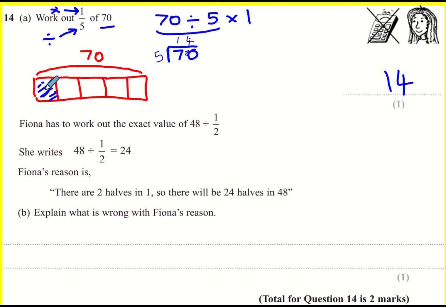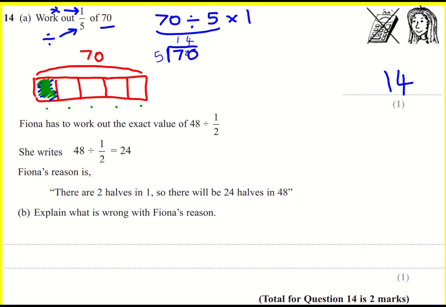That is my 1/5 shaded in blue, one of those 5 boxes. So you can see clearly why it is 70 divided by 5, and then multiplied by 1, because I'm just finding one of these shaded boxes. So there you go, 70 divided by 5, multiplied by 1, 1/5 of 70, which is 14.